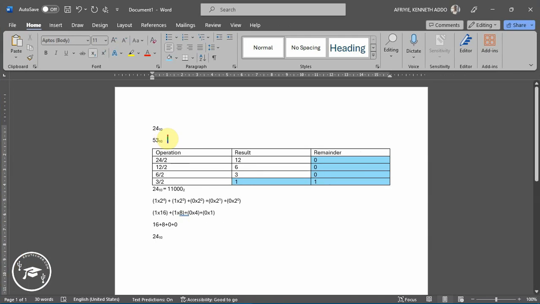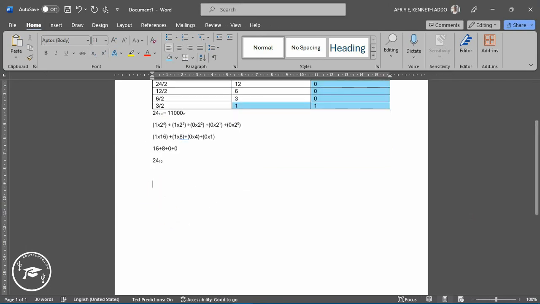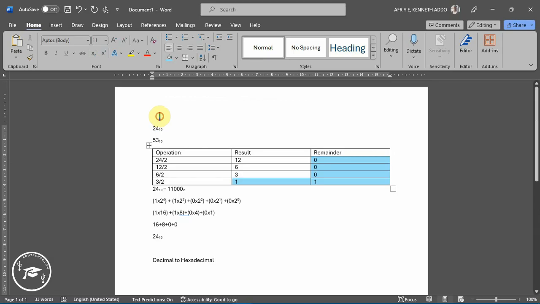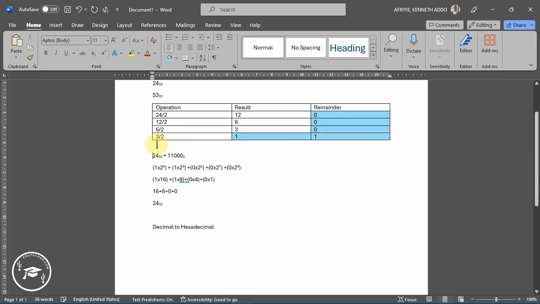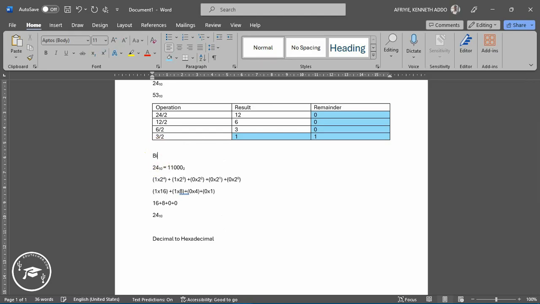So decimal to hexadecimal, let's convert the number 756 to hexadecimal. So this was decimal to binary, and this was binary to decimal.